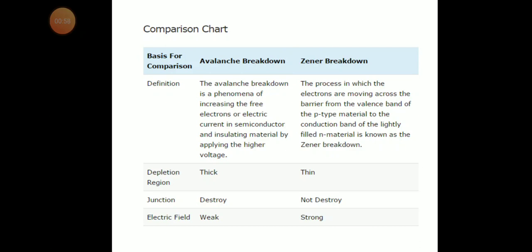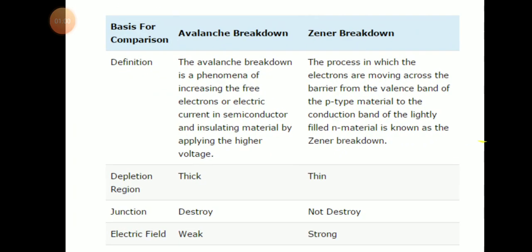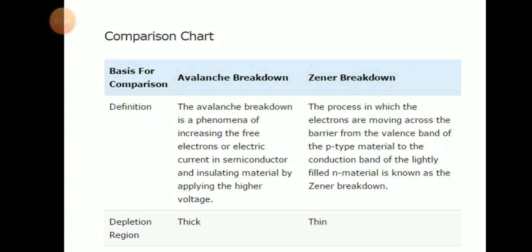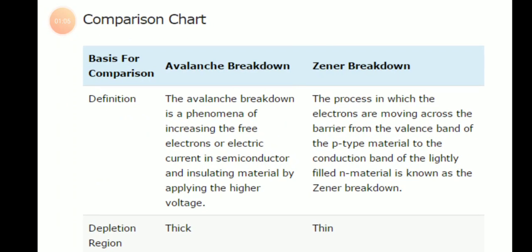So now we try to compare these two. First, the basic comparison: the definition. What is the avalanche breakdown?